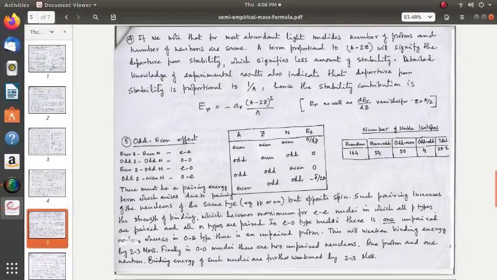So this is delta by 2a, this is from Kaplan, but in modern books you will see this contribution is parameterized with a to the power 4/3 in the denominator instead of a.